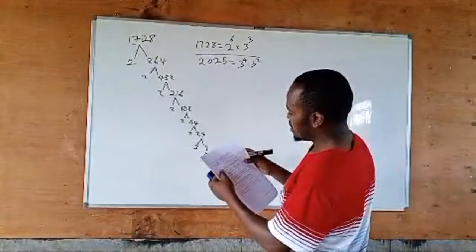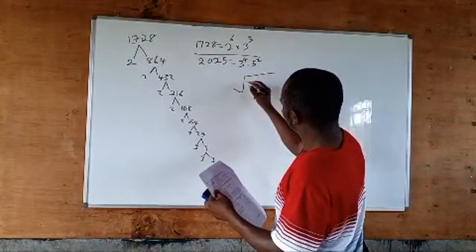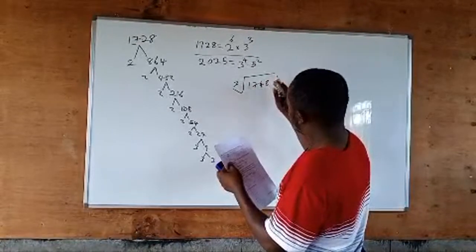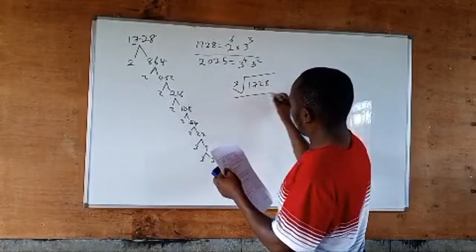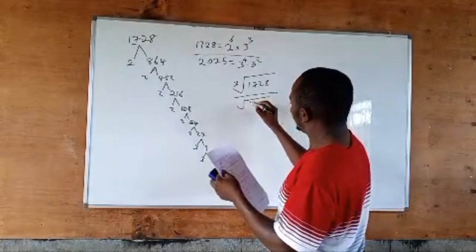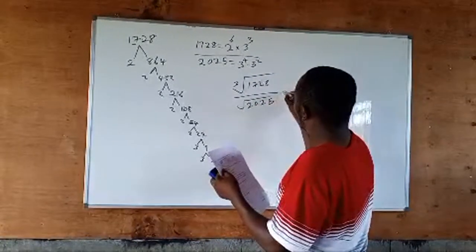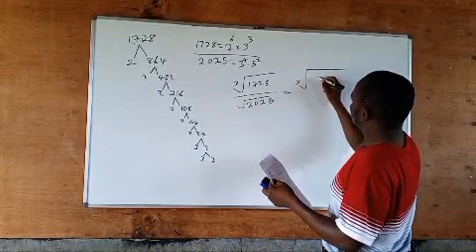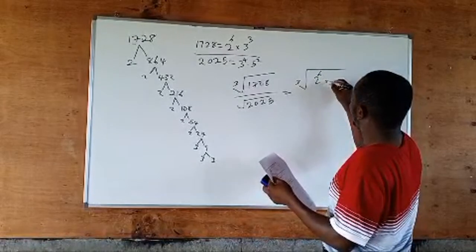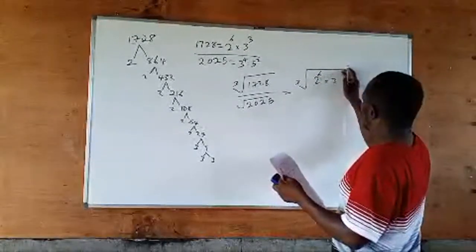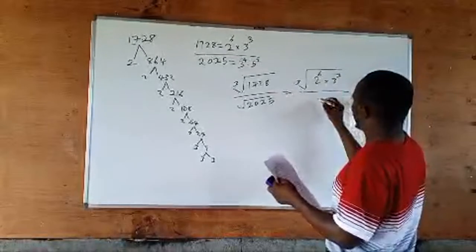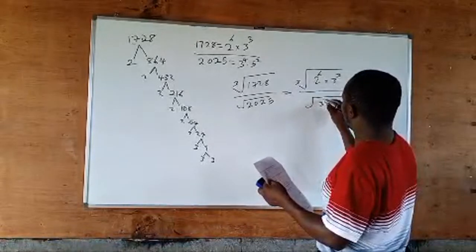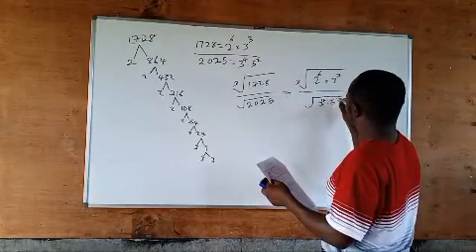I can delete this and say, now the cube root of 17, 28 over the square root of 20, 25 equals the cube root of 2 to the 6 times 3 to the 3 over the square root of 3 to the 4 times 5 squared.